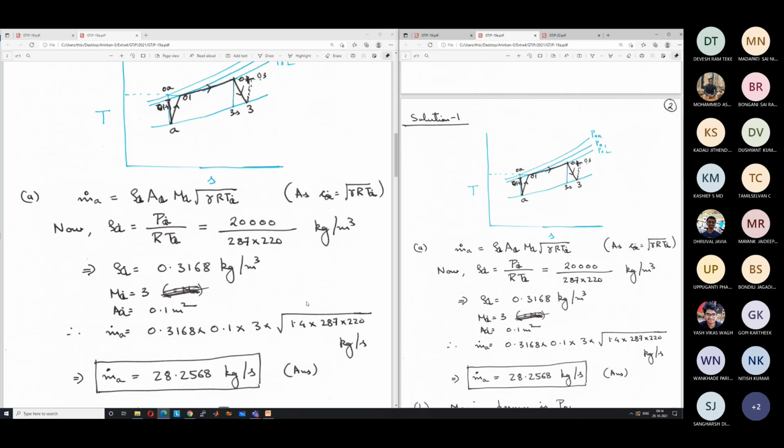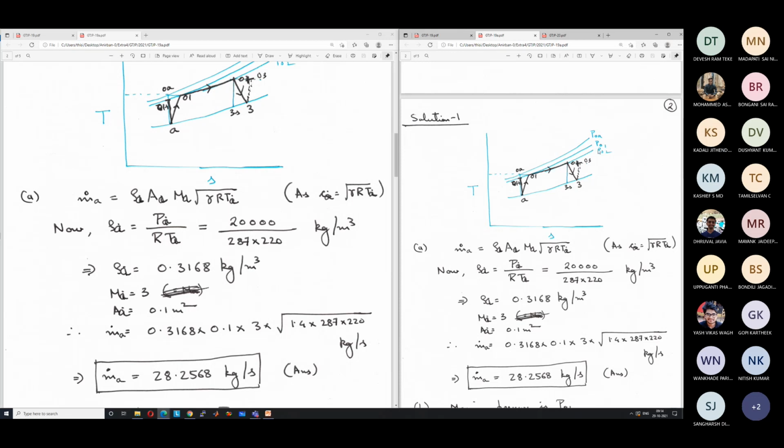What is the maximum pressure, or where does it occur? Just after compression, before combustion, yes. So at the exit of the diffuser. In this diagram, which point is this? 01, right? The point 01 is the highest pressure.